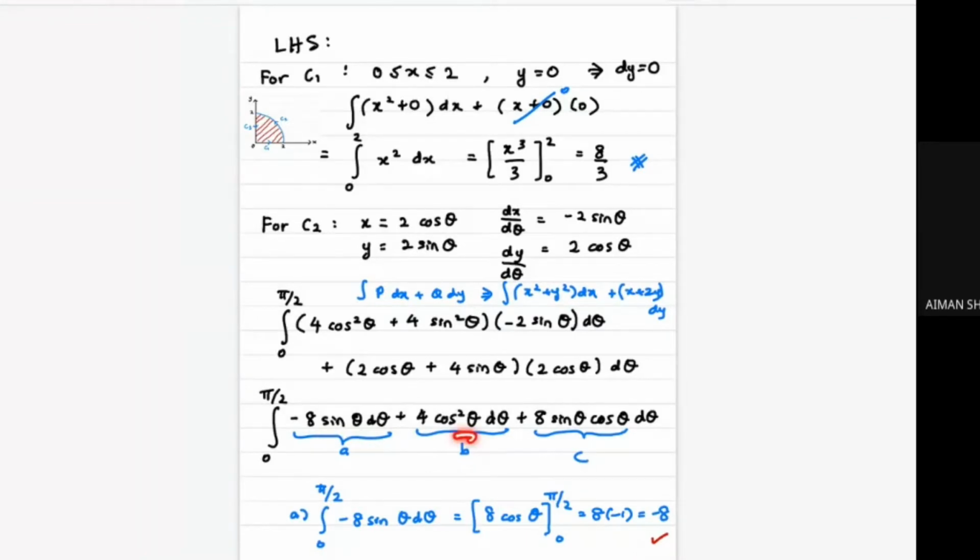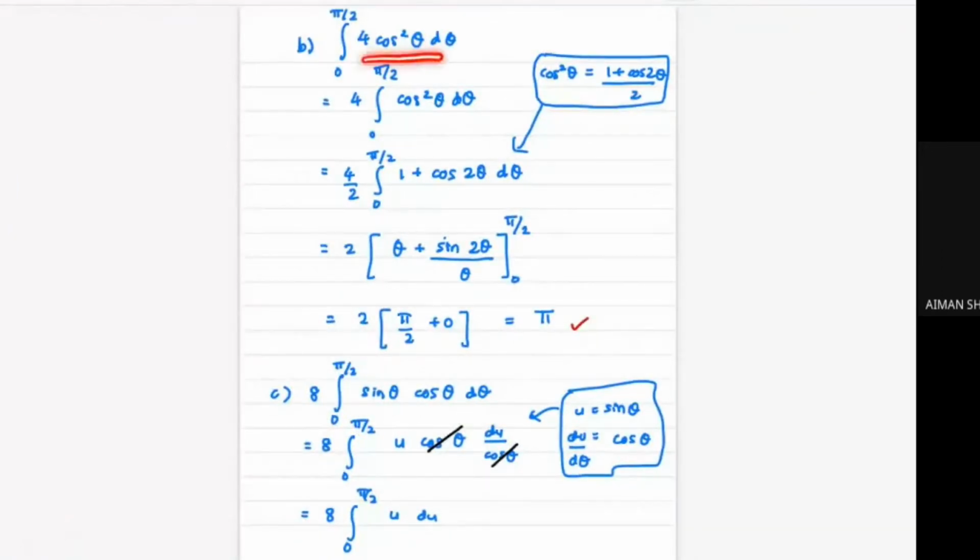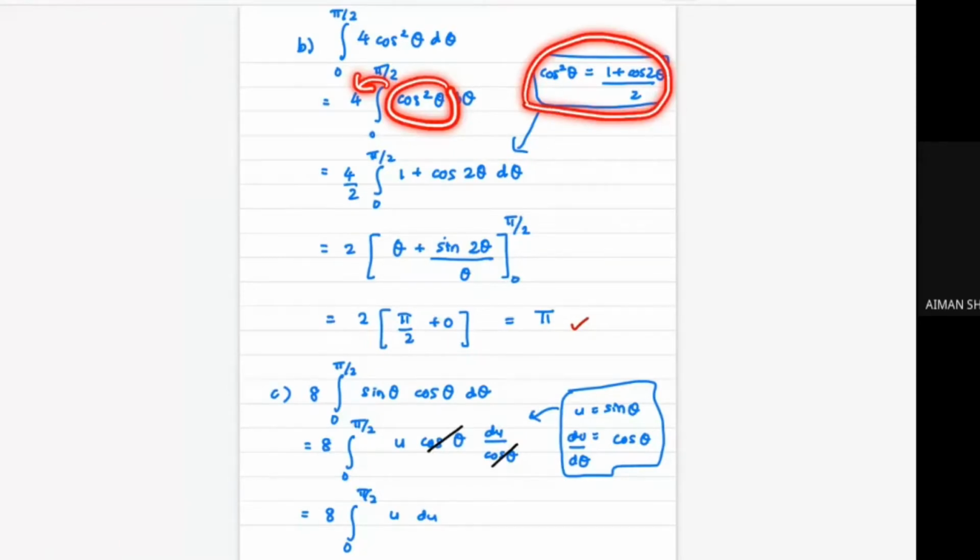Okay, now let's solve part B and part C. Part B, 4 cos squared theta d theta. So take out your 4, put it outside, and for cos squared theta, you can use this trigonometry identity: cos squared theta is equal to 1 plus cos 2 theta over 2. Substitute into this integration.